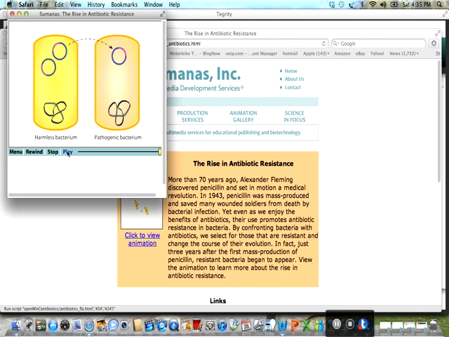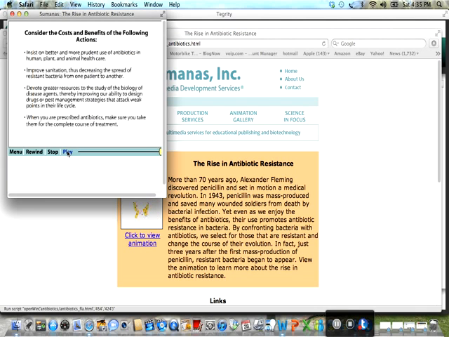What can we do to reduce the incidence of antibiotic resistance in bacteria? This brief list outlines important considerations.